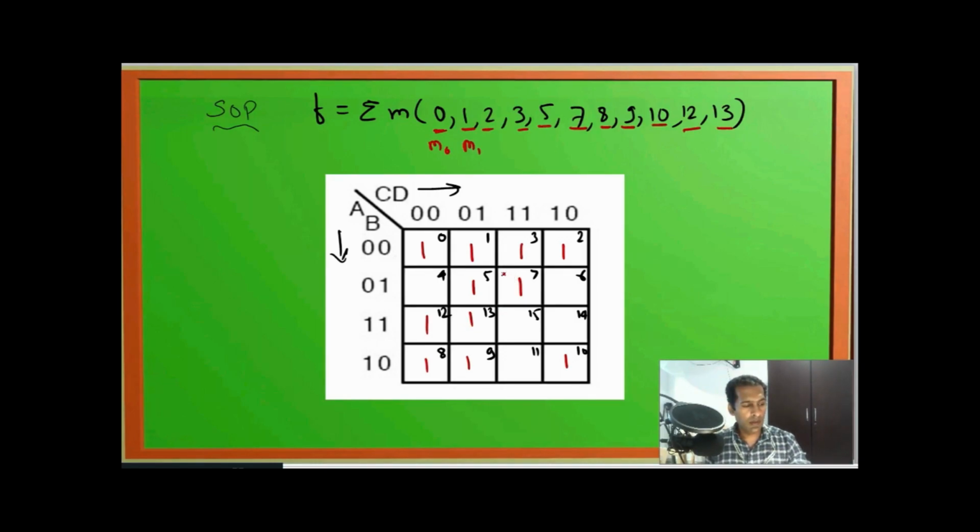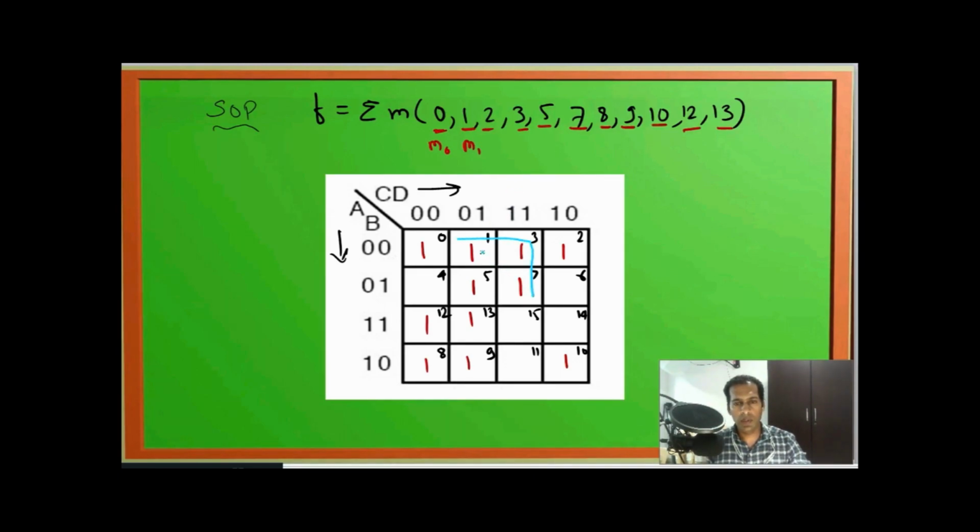Now let us see what the possible combinations are. First let us check for the combinations of 4s. Here we make boxes wherever there is a combination of 4.